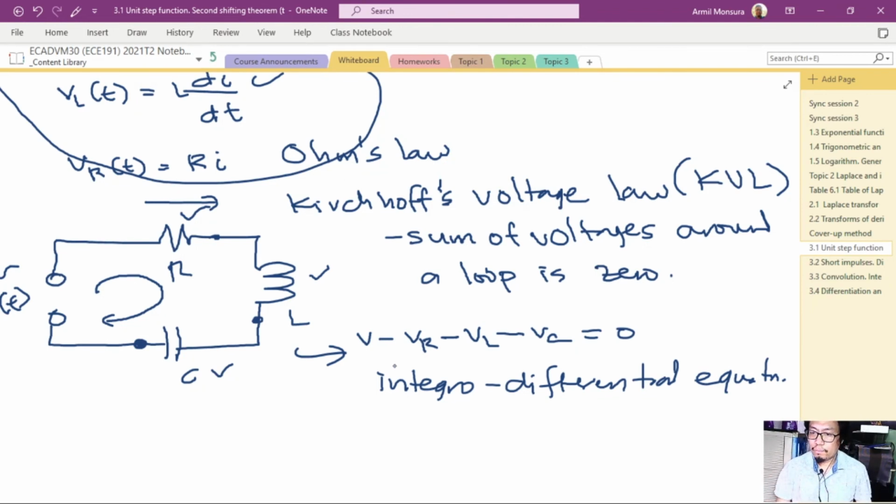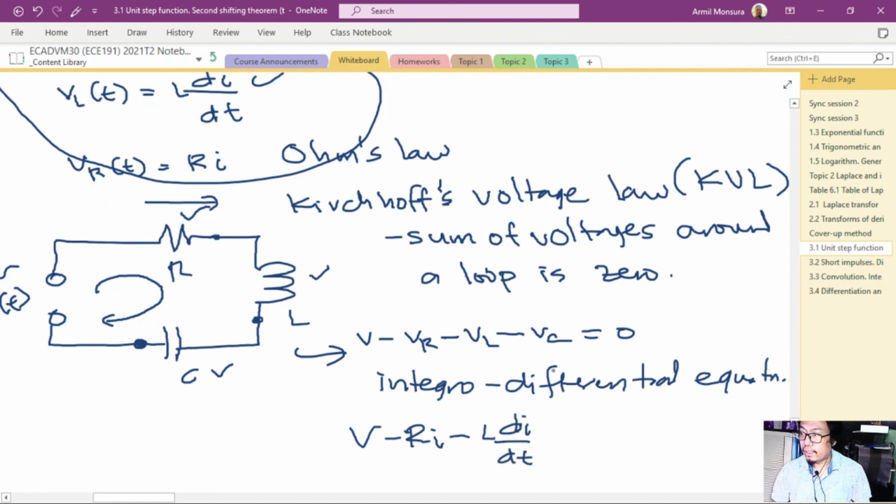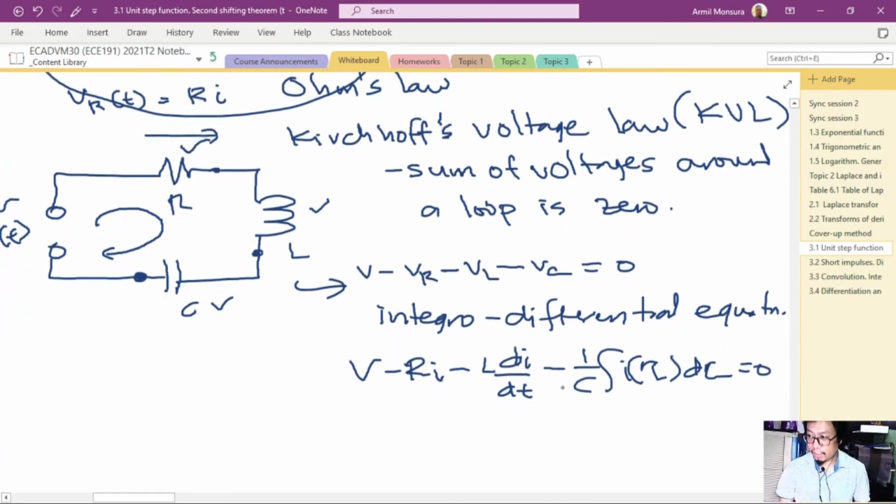So you can look at that as V minus VR is R times I, and then VL is L times dI over dt, and then VC is 1 over C times the integral of I(tau) d tau, equals 0. So again, this is something that I call the integral differential equation.